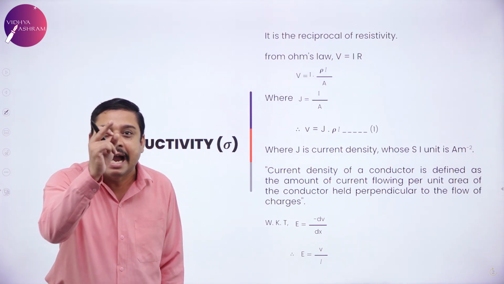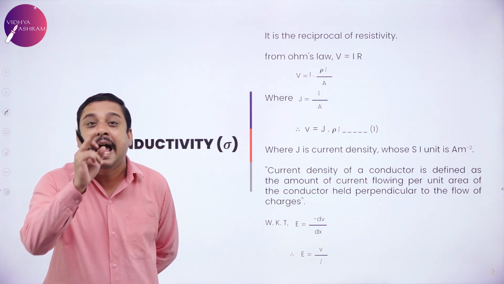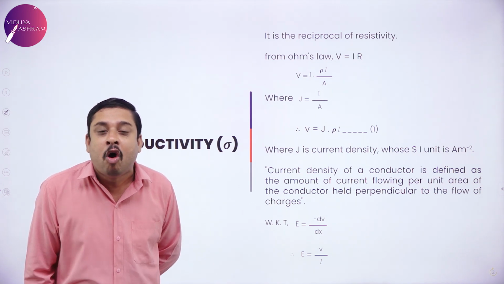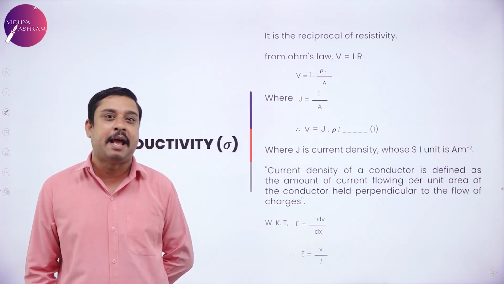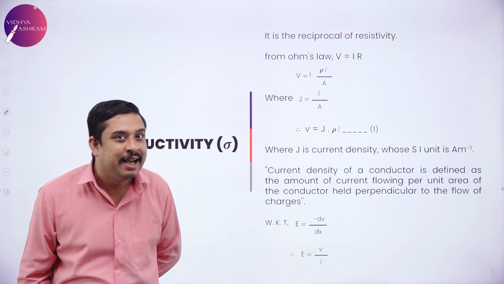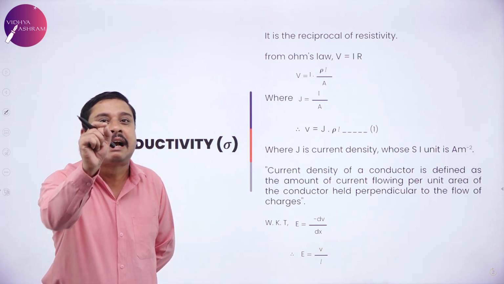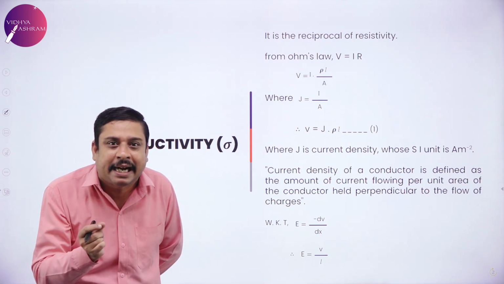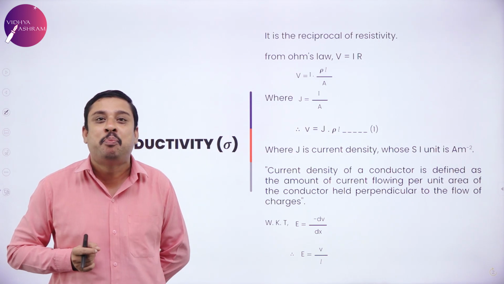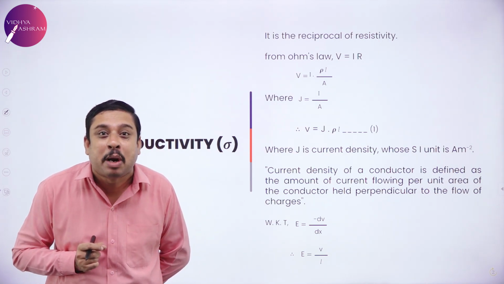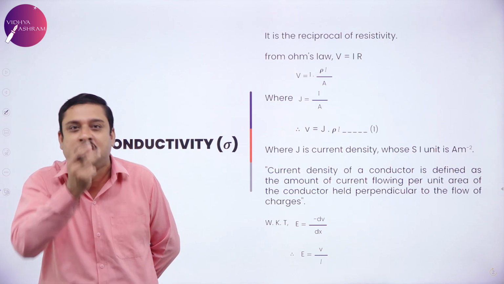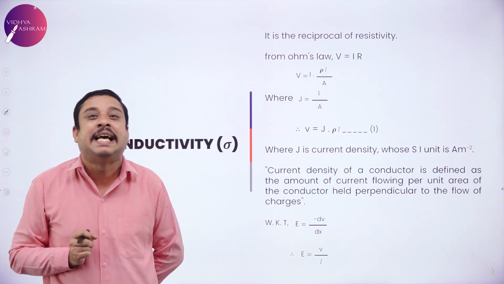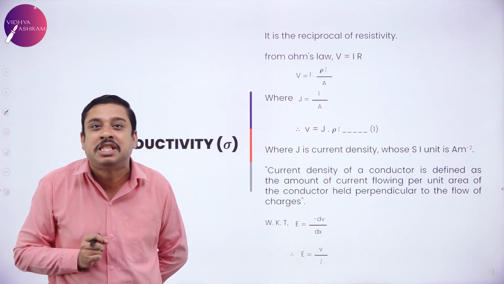In the exam, for 5 marks they ask you to arrive at the alternative form of Ohm's law. You studied Ohm's law, didn't you? What did we say? Current which flows through any conductor should be directly proportional to the potential difference, provided physical conditions do not change.